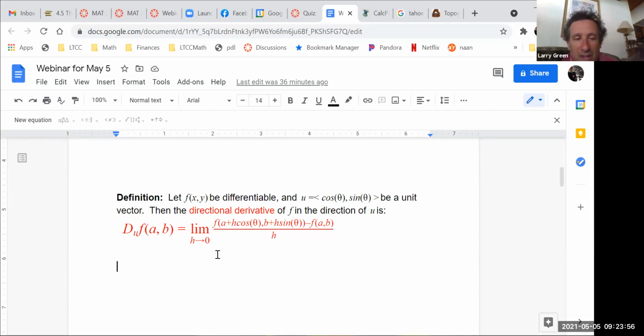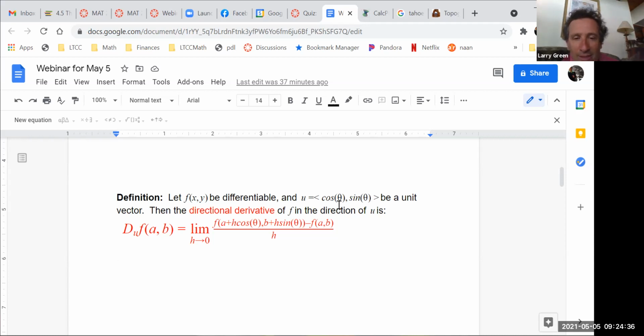Okay, so for example, the partial derivative with respect to x is the directional derivative in the direction of the vector (1, 0), because (1, 0) is in the x direction. It means you move along the x-axis 1 and don't touch y. So if we're looking at (1, 0), that means theta is 0, because the positive x-axis has angle 0.